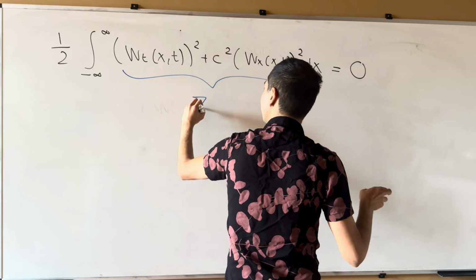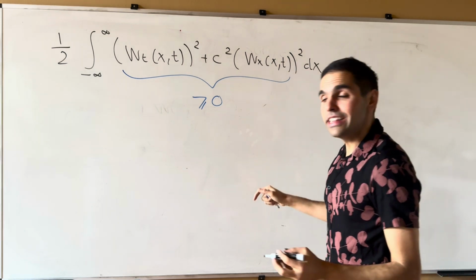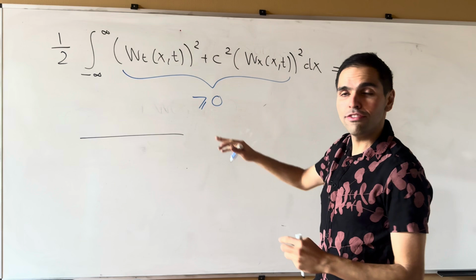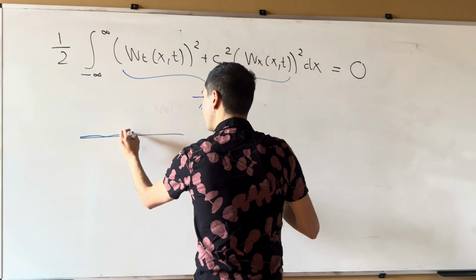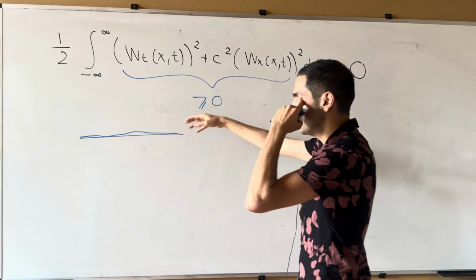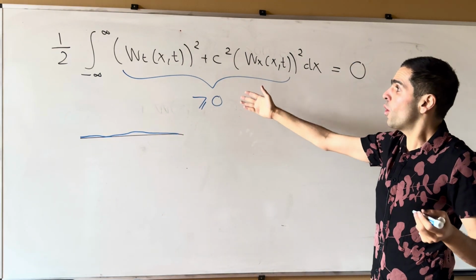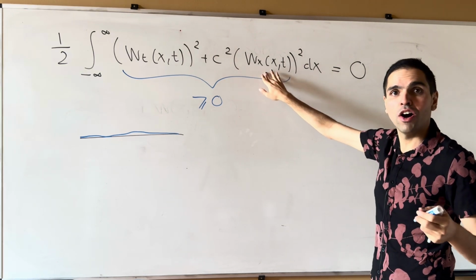The inside here is positive, and I'm telling you that the area under this positive function is actually 0. So we have a function above the x-axis whose area is 0. Well, the only way this can happen is if that function itself is 0.